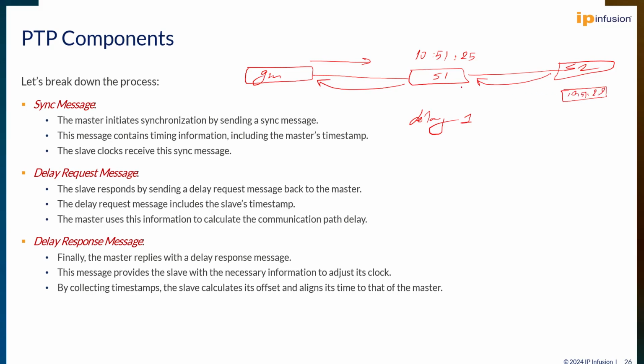So when do you receive this, and how much is my delay? Switch 1 is going to receive it at, let's say, 31, and it's going to send a response here that your delay is something like 2 seconds. So it understands that whenever it receives a time from switch 1, it's going to add 2 seconds to that to have the precise time on that.